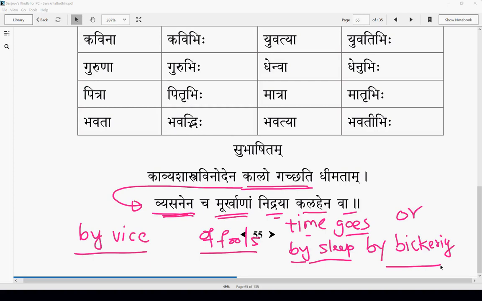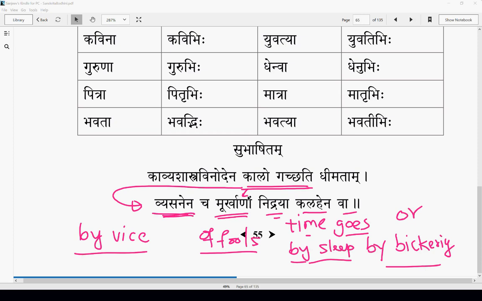So one is understanding the overall meaning, which in English that's okay, that stupid people or fools spend their time like that. So just at a very high level looking at the words, if you know the meanings like murkha means stupid, vyasana means bad habit, or nidra means sleep, you can make out the meaning out of it, extract.